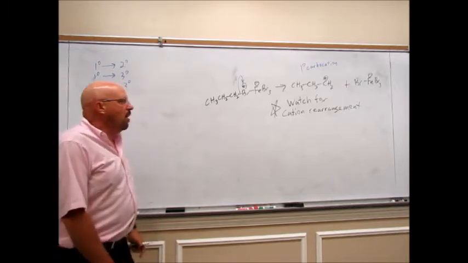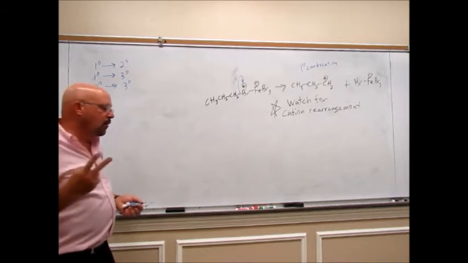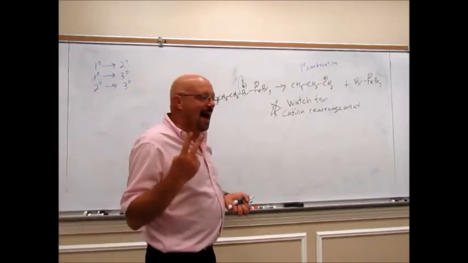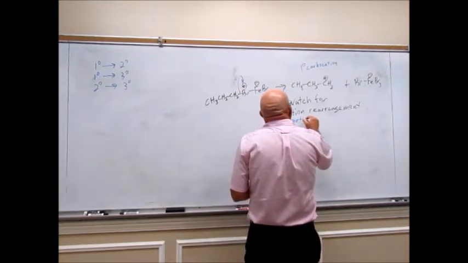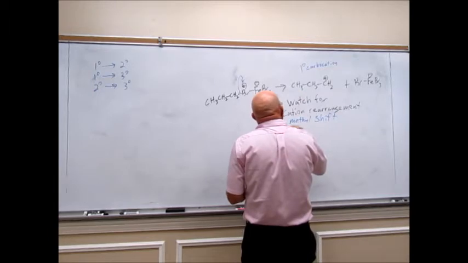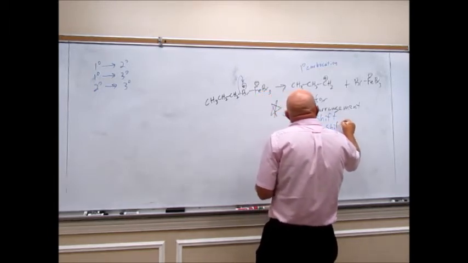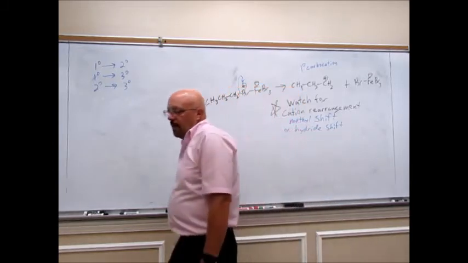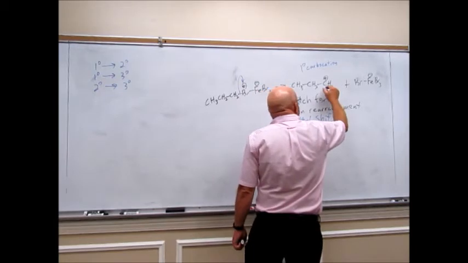If you recall our rearrangements, there are two we can do. We can do a methyl shift or a hydride shift. Those shifts must occur from the beta position. Alpha is where the cation is.